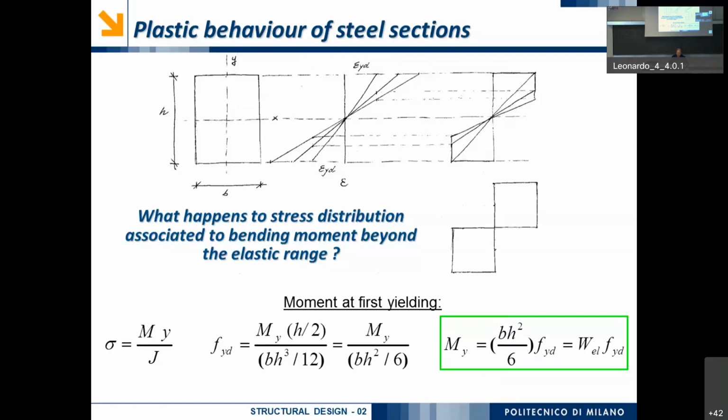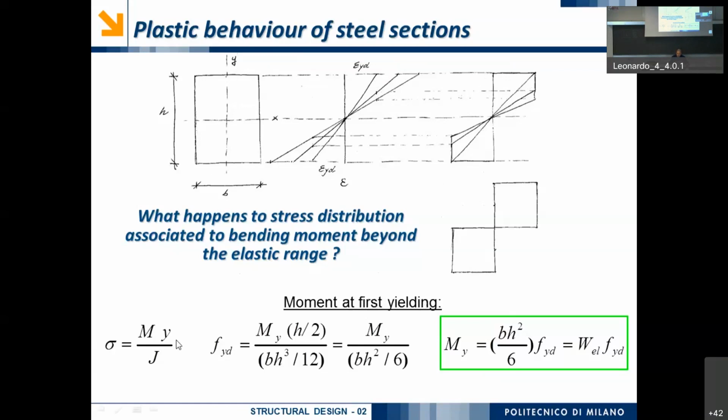And it is very easy to evaluate the moment at first yielding, because we know that when the cross section behaves elastically, the value of the strain here is equal to epsilon y, for example, and the corresponding value of the stress is equal to f yd, okay?